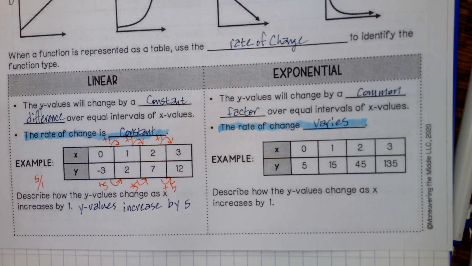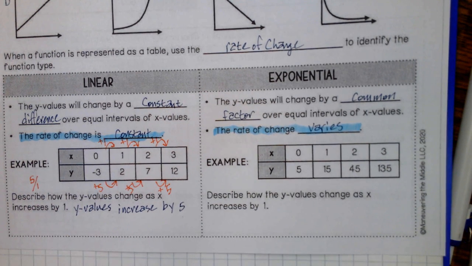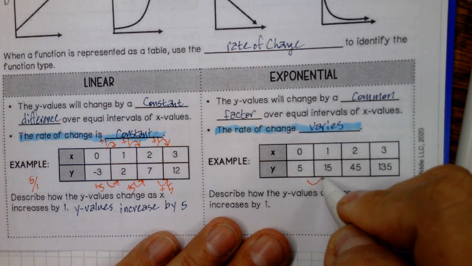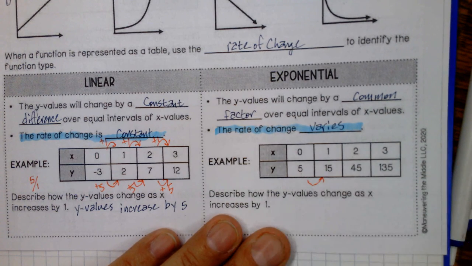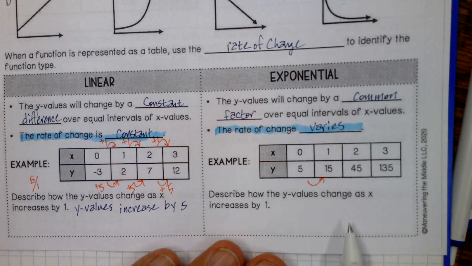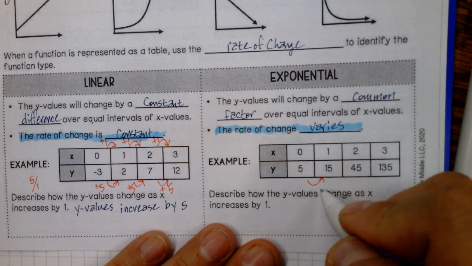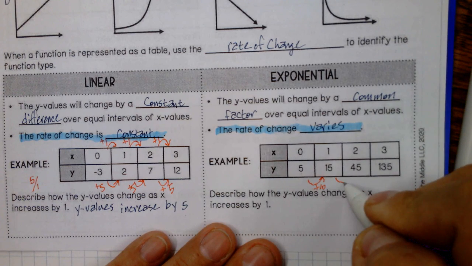Over here, though, if you notice on the exponential, again, the x values are going up by 1. But here the difference is what? Here they increase by 10. How about here?